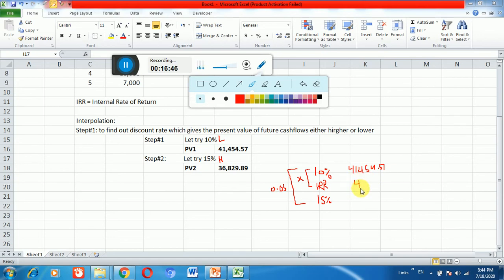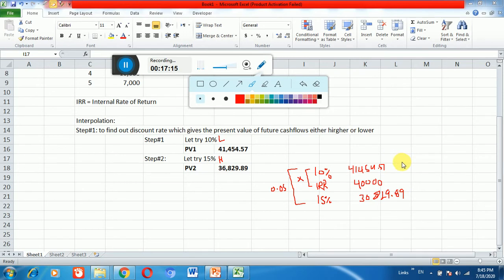The IRR is the discount rate which will give us exactly 40,000. The value we found with 15% is 36,829.89.